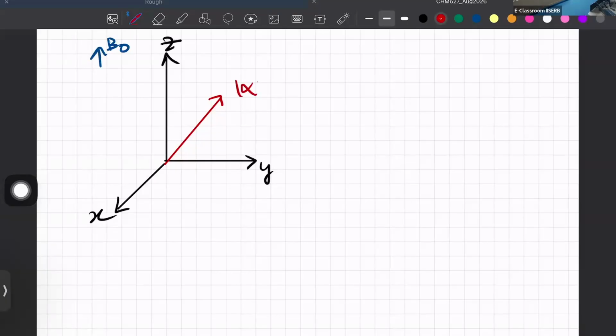Let's just take a system prepared in the alpha state. We are talking about an isolated spin half system. And now the question that comes up is, if you take this isolated spin half system, how will it be in a static magnetic field B naught? Is it going to remain static there, or what is it going to experience?